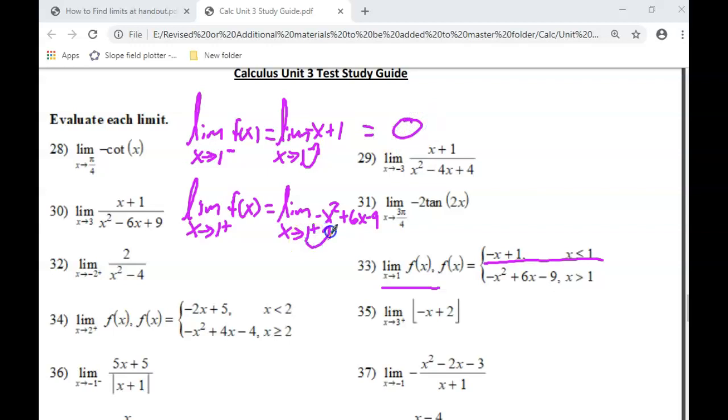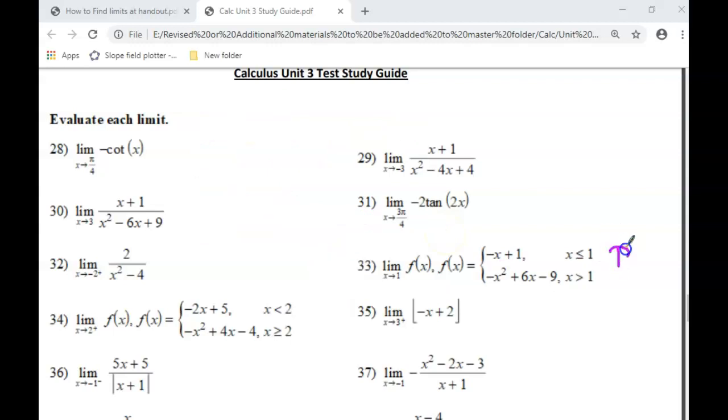Here, if I plug in a 1, I get negative 1 plus 6 minus 9. Negative 1 plus 6 is 5, minus 9 is negative 4. So we get negative 4 for this one. So as you see, the limit from the left is 0, but the limit from the right is negative 4, and that means that the limit does not exist.